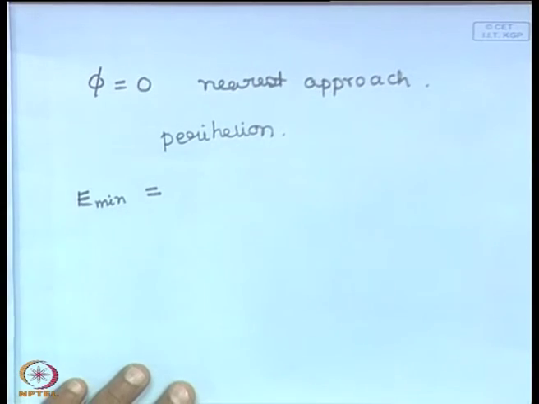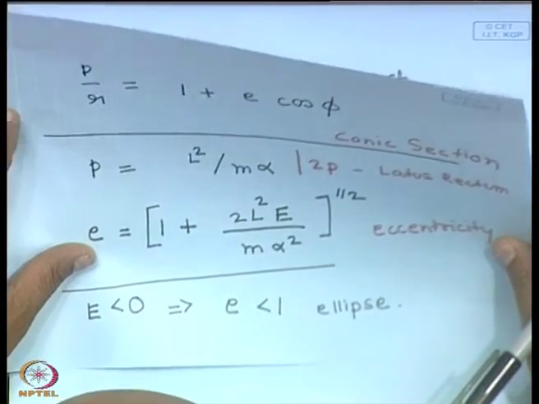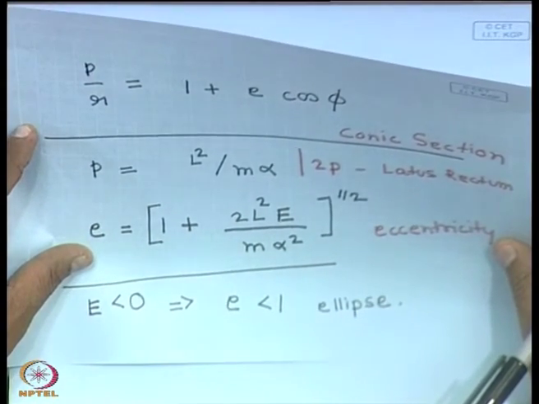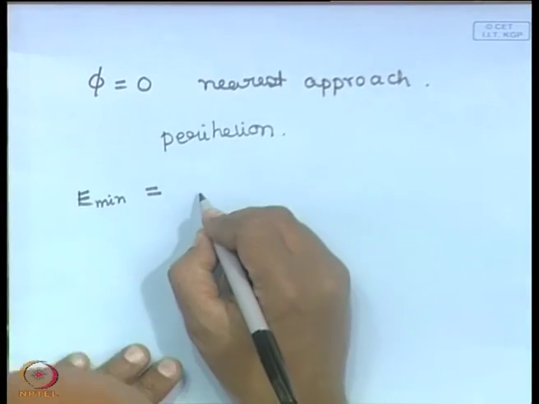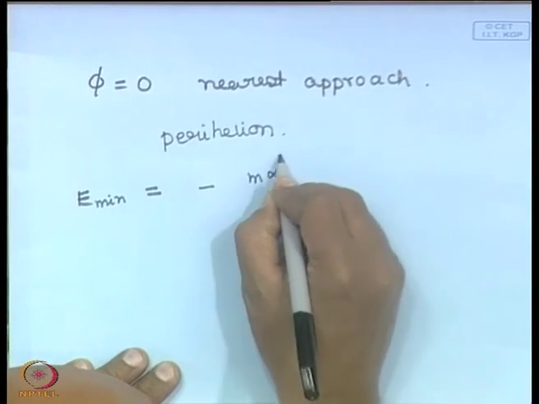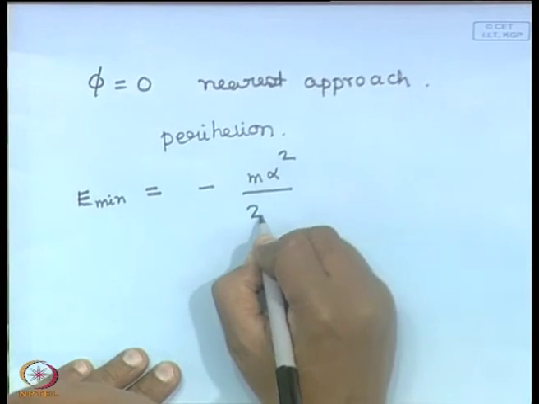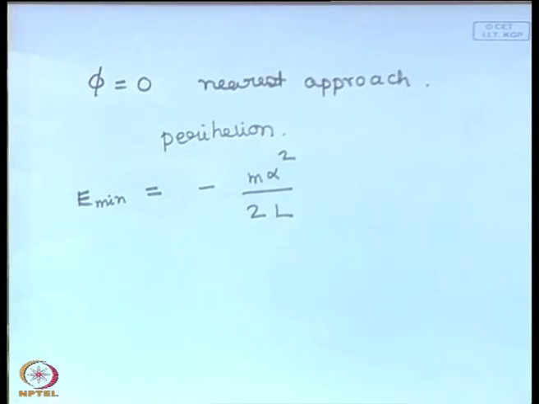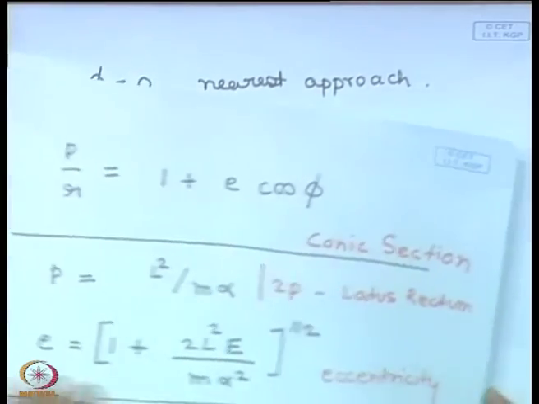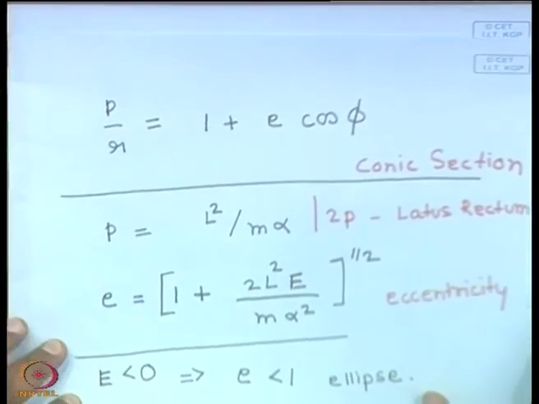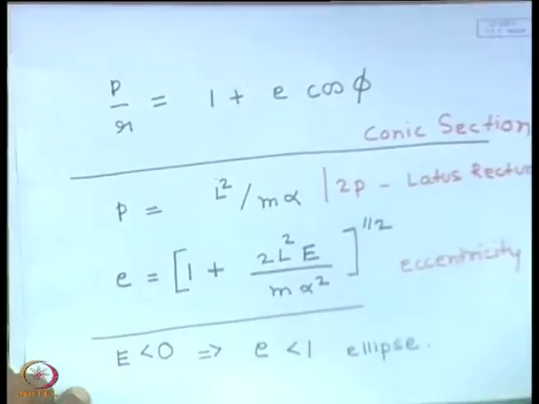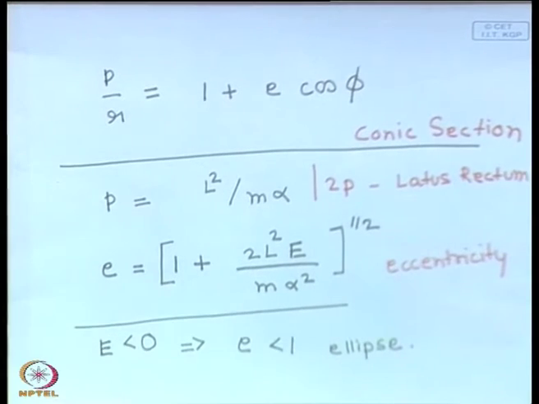Given the value of the angular momentum, the minimum value of the energy is going to be minus m alpha square by 2L square. You can also check that this corresponds to the minima of that effective potential. That is the minimum value of energy that you can have, and eccentricity is 0.